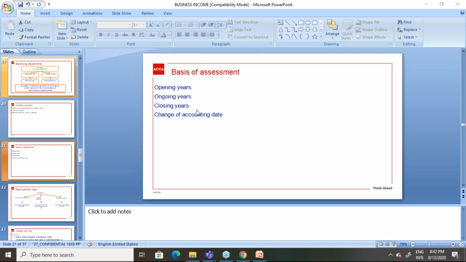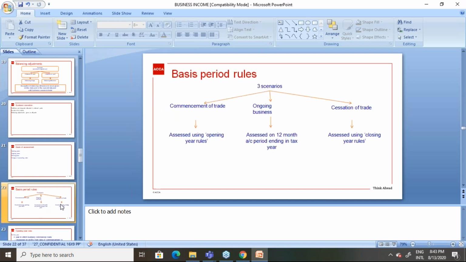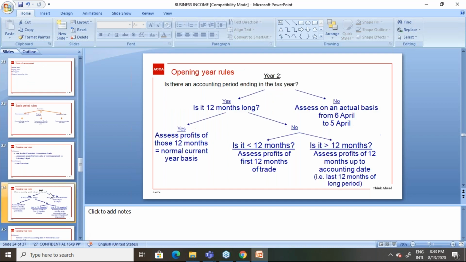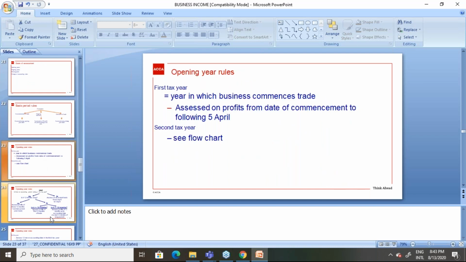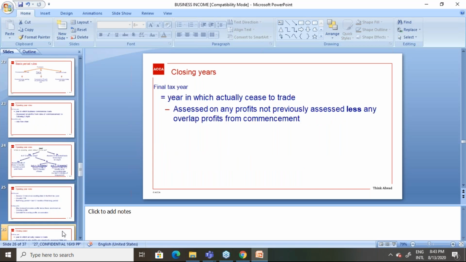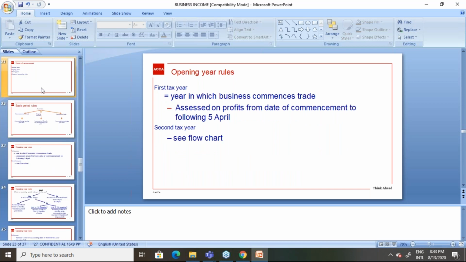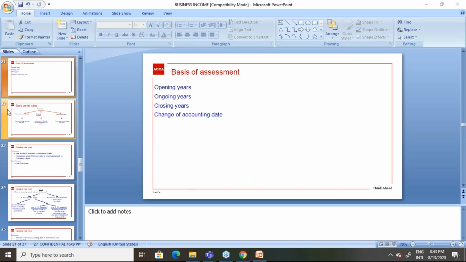Now, when it comes to an ongoing business, that means a business that you have already started, we are using something called current year basis.